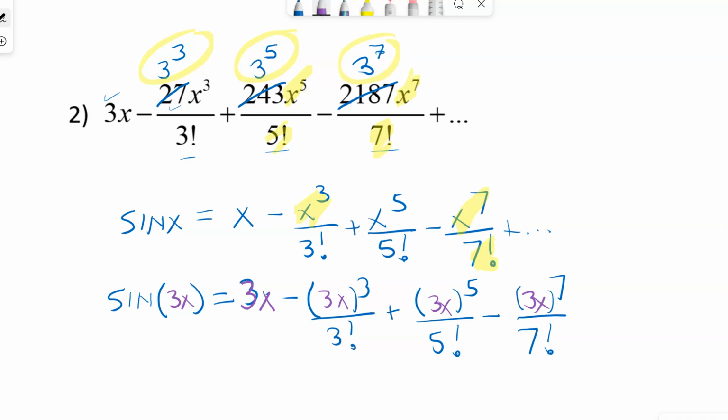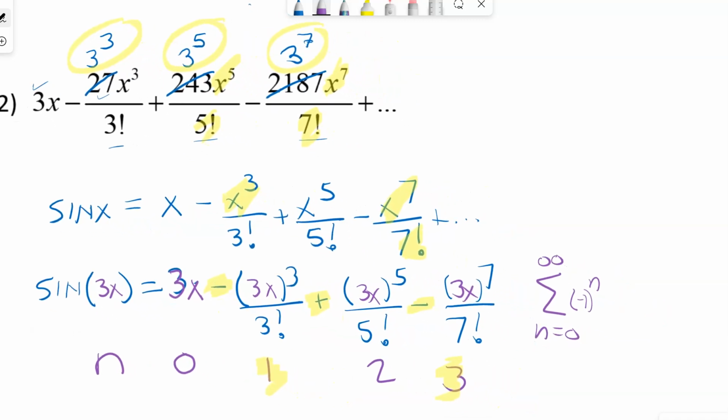And I've got to figure out how to write the formula for it. So again, I'm just going to start off with a 0. And the reason why is that I notice this is an alternating series, right? Do you see this alternating business? And I notice that we're negative anytime we're an odd term. So I can just say negative 1 to the n, and that would take care of the alternating portion.